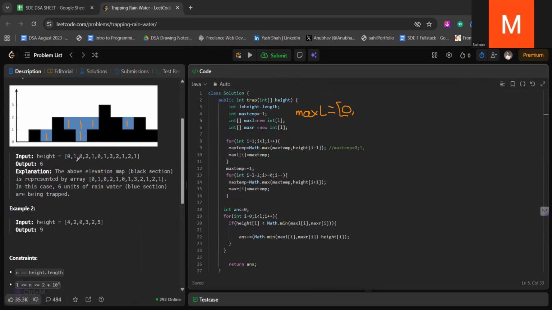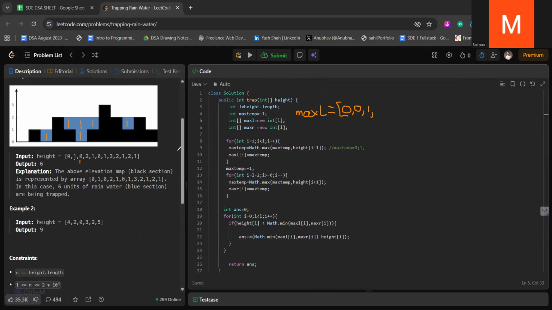Here, what is the highest element on the left side of this one? That is also zero. Okay, then again i plus plus. What is the highest element on the left side of this second element? It is 1. Okay, then I declare it as 1. Nice.